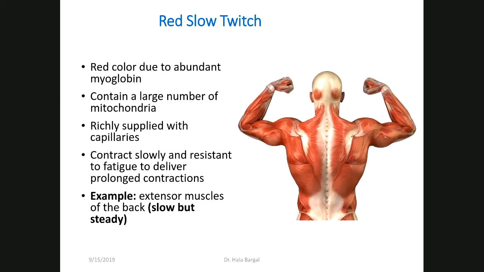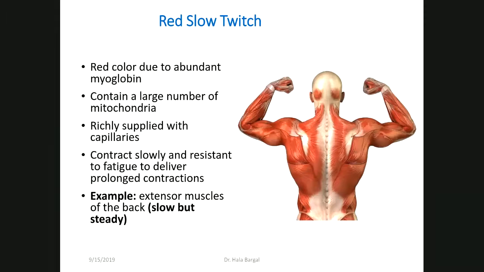Imagine the action of swimming. We need the muscle to contract, we need the muscle to be resistant to fatigue, and we need the muscle to maintain its prolonged action. All of these we can apply to the swimmer muscle, the latissimus dorsi, right?